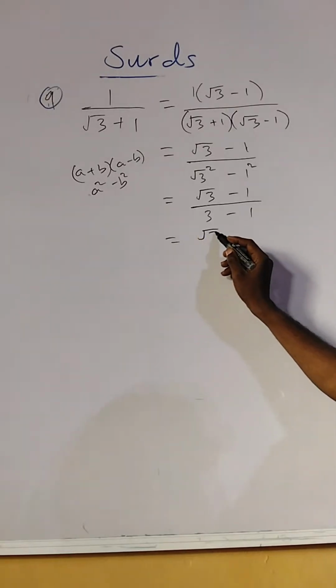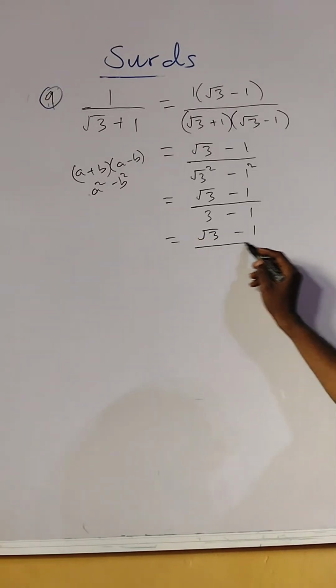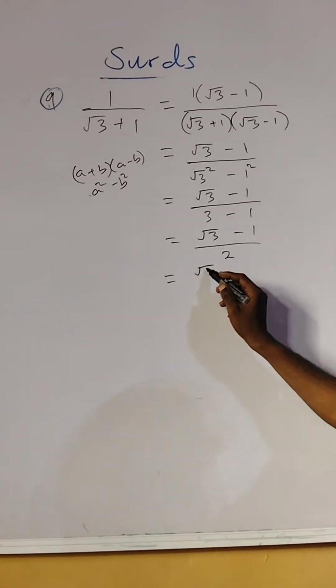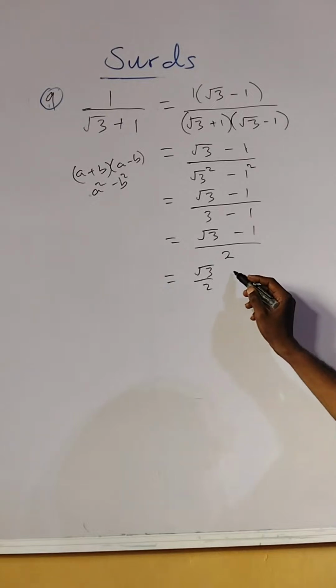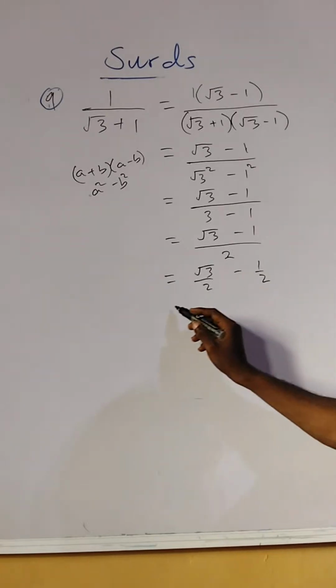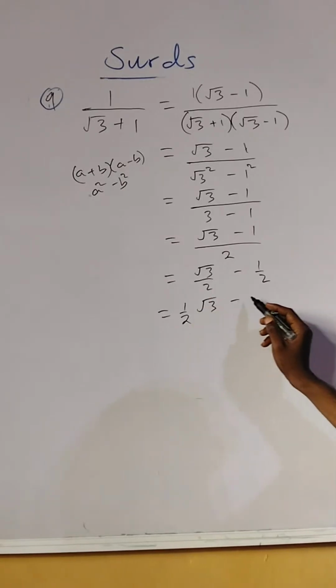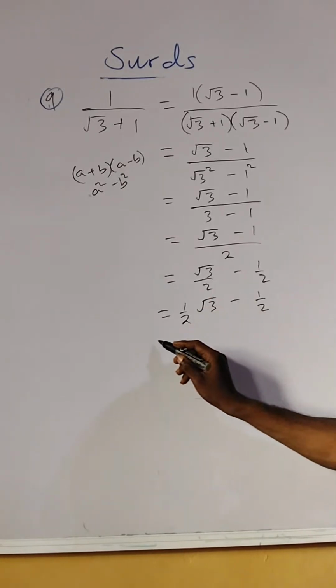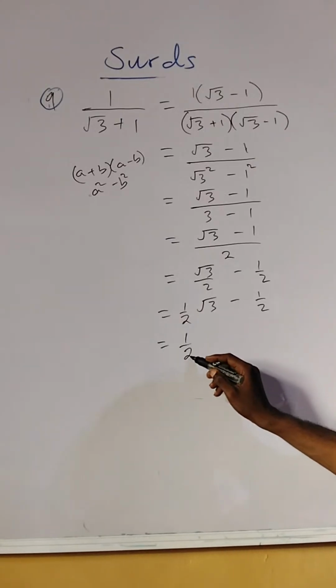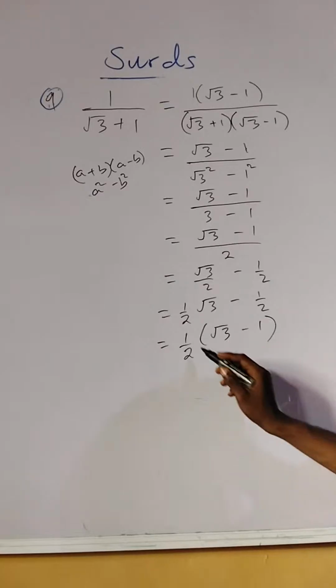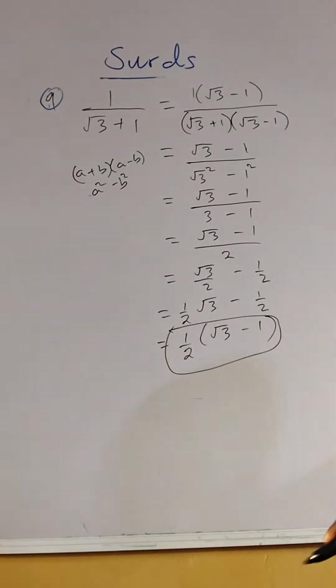At this we have root 3 minus 1 over 3 minus 1, 2. If you like, you can say this is root 3 over 2 minus 1 over 2. Or better still, you have 1 over 2 root 3 minus 1 over 2, and 1 over 2 is common. You can say 1 over 2 into bracket root 3 minus 1. So here we have the simplified form of that.